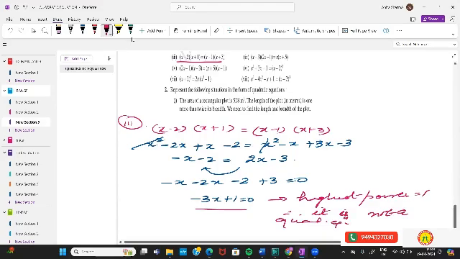Now check the next part. Oh, sorry. (x minus 3) into (2x plus 1) is equal to x into (x plus 5). Check the fourth part, beta.